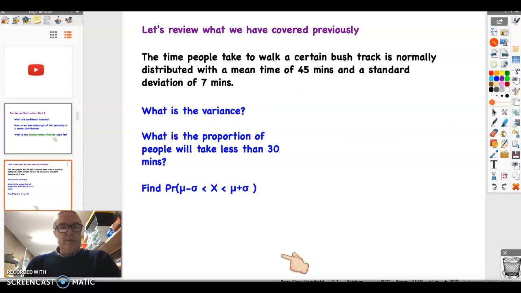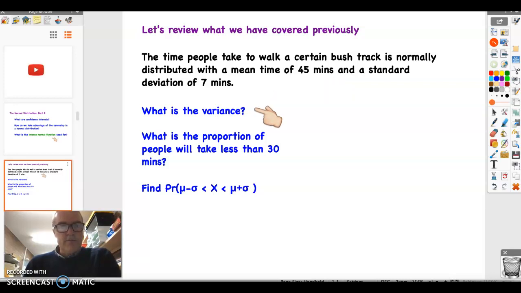Before we go into anything, let's review what we've covered in our previous lesson. I'm choosing a different example here. Let's use this scenario. The time people take to walk a certain bush track is normally distributed with a mean time of 45 minutes and a standard deviation of 7 minutes. We're going to look at three questions here.